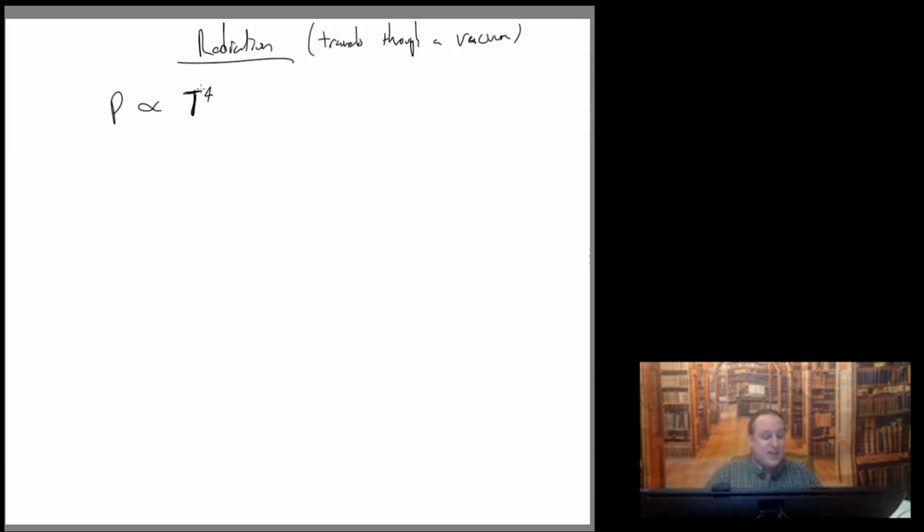When they get hot, the fire may go out, but the coals are still hot and they're glowing. It doesn't have to be glowing visible light, though. It has to be pretty hot to glow visibly. But if you turn on the electric burner on a low level, you can put your hand near it and tell that it's hot because you feel that radiation coming off of it. It's just infrared. We can't see it, but it's there.